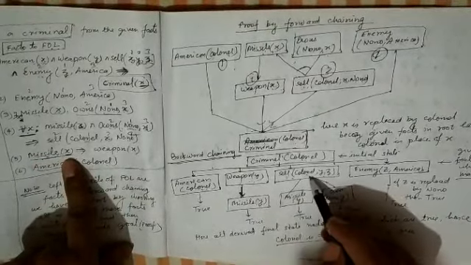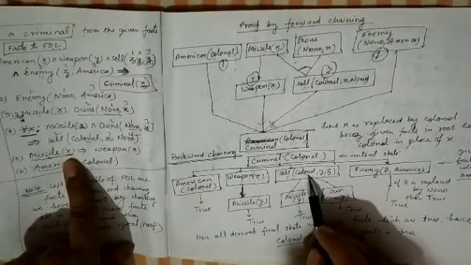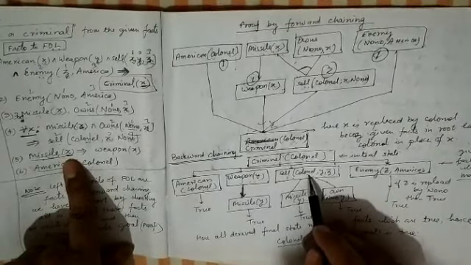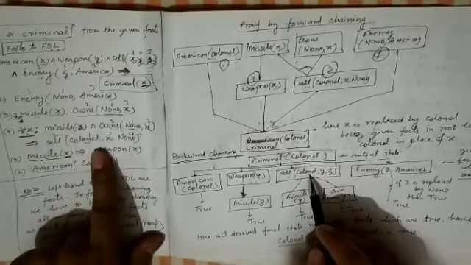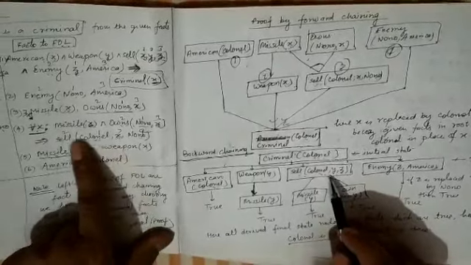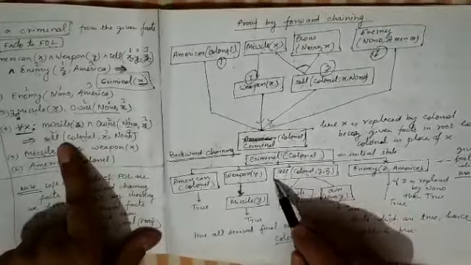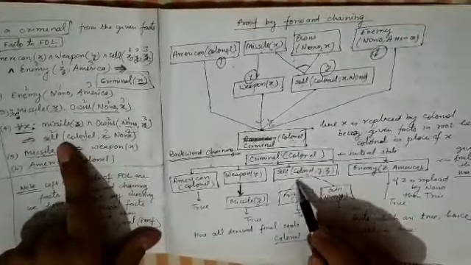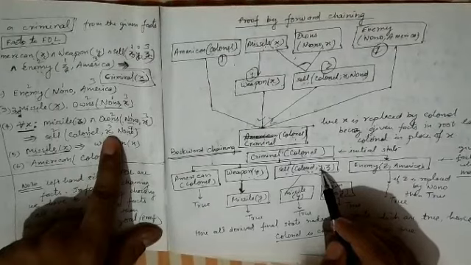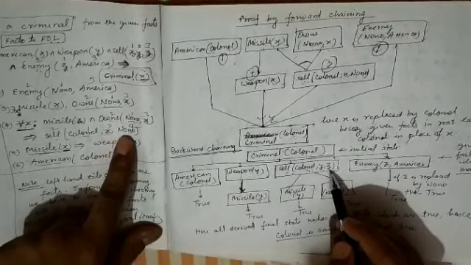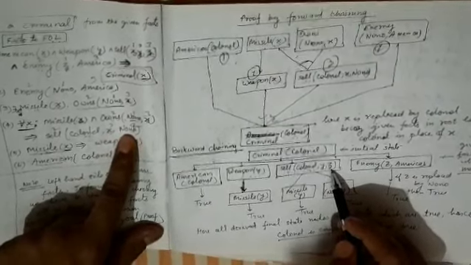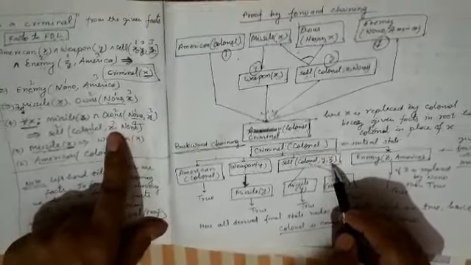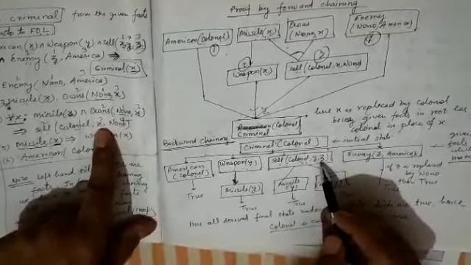Now just see the third fact, sell. Just see rule number 4. In rule number 4, this conclusion comes: sell Colonel, Y, Z. In place of Y here X is written, and in place of Z, Nono is written. No problem, this is a rule, so we can replace this X and Nono by Y and Z over here.